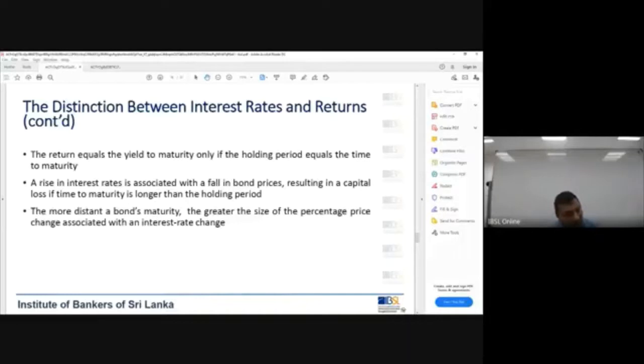Interest rates from 6% has now decreased to 5.95%. So the change is only 5 basis points, 6 to 5.95, 5 basis points. 5 basis points into 10 years is equivalent to about 50 basis points.